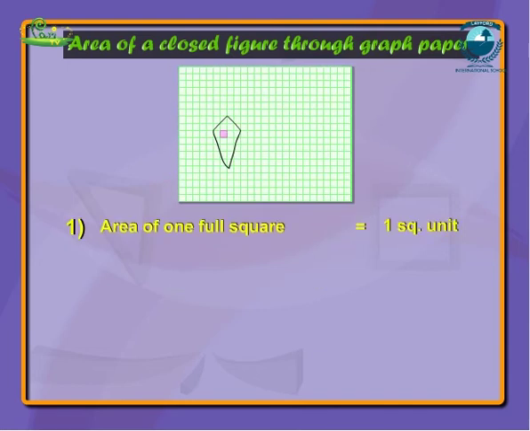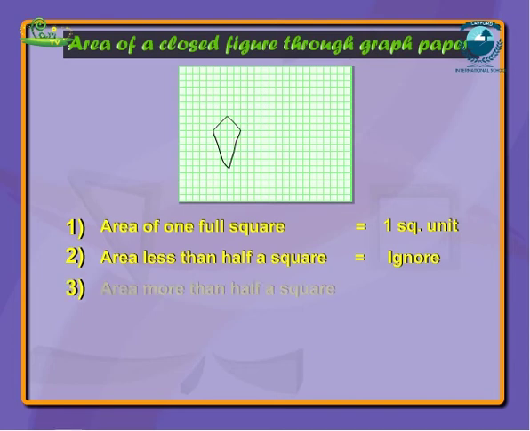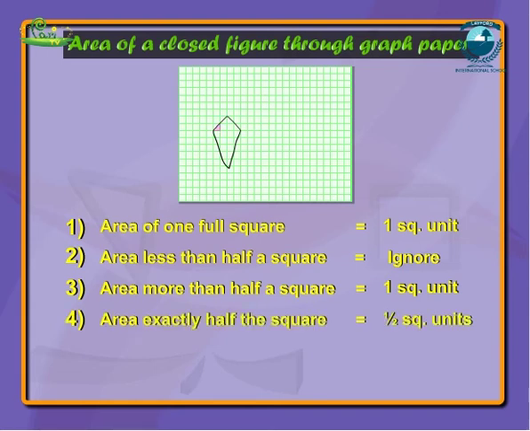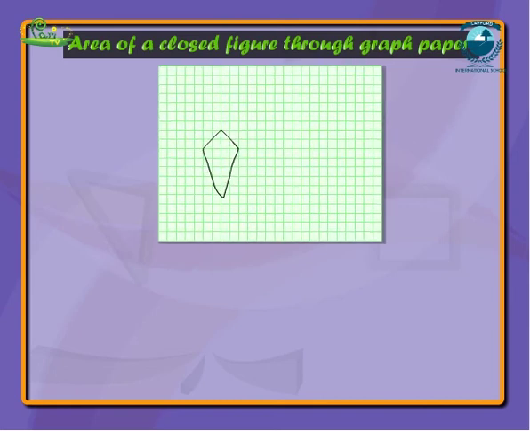First, the area of one full square is taken as 1 square unit. Second, we ignore the portions of the area that are less than half a square. Third, if more than half of a square is in a region, just count it as 1 square. Fourth, if exactly half the square is counted, take its area as half square units.